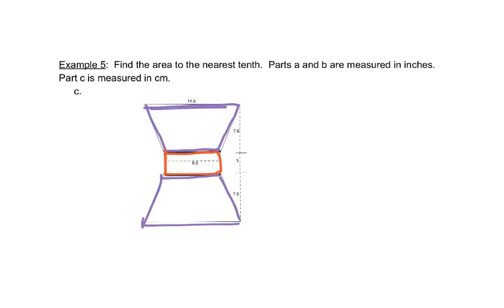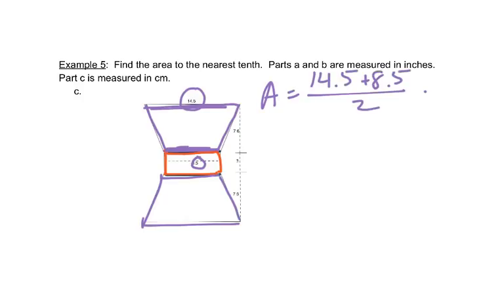This base up here is the 14.5. This base right here, it tells us, is 8.5. So we'd have 14.5 plus 8.5. We're going to divide that by 2 because we find the average of the bases. The height is on the outside, 7.6. So 14.5 plus 8.5 is 23.